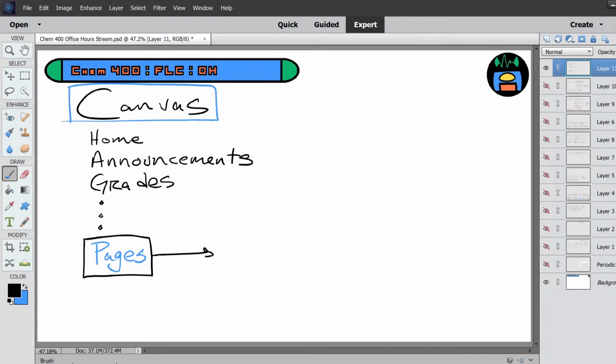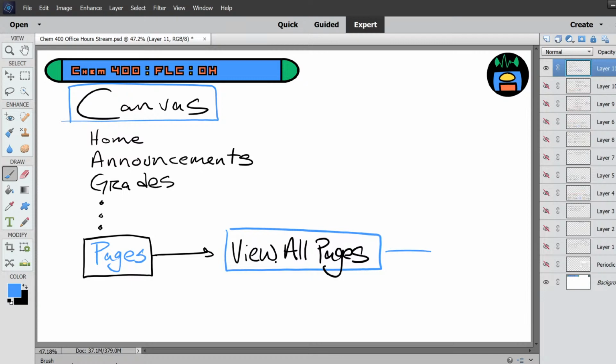It'll say welcome, but up at the top there's a little button that says view all pages. And when you click that, you can view all the pages.